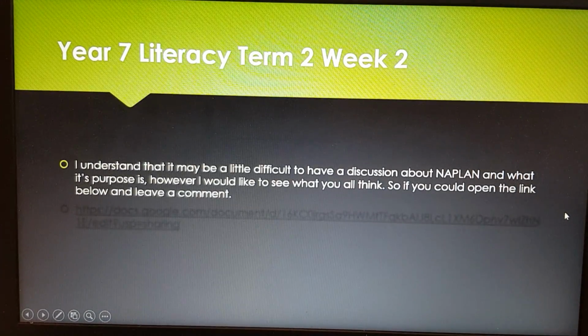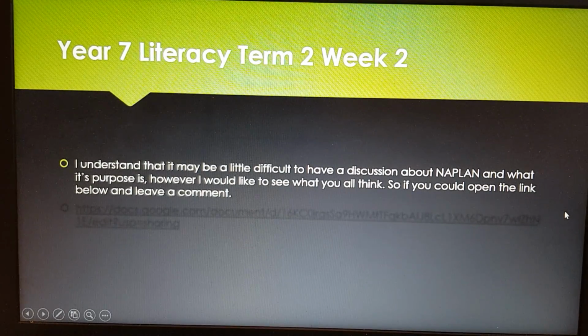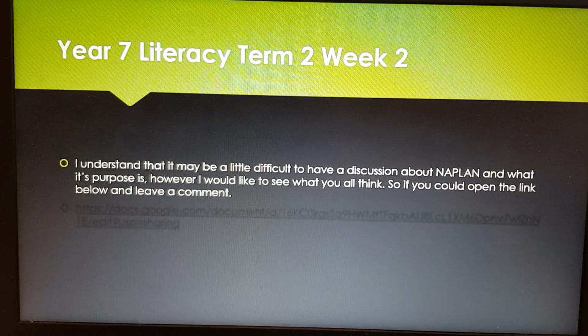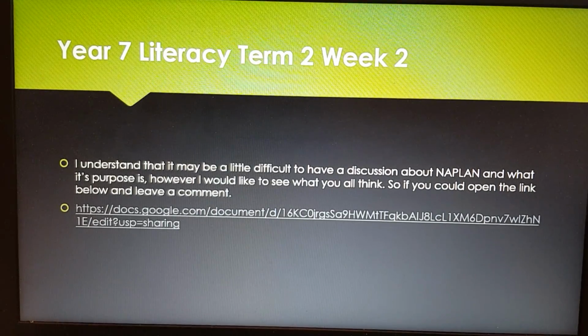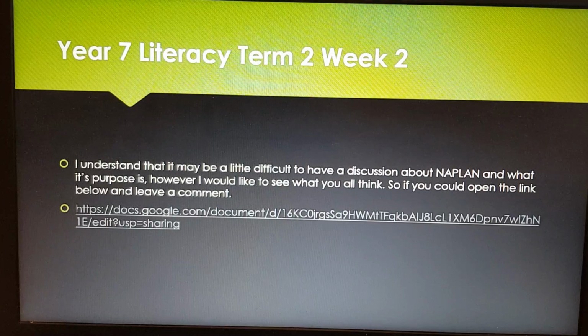Now, I understand that it may be a little difficult to have a discussion about NAPLAN and what its purpose is. However, I would like to see what you all think. So I have created a link, which is here, and I also sent you an invite to comment below on the different areas. So it's what is NAPLAN's purpose? Why do students need to do it?